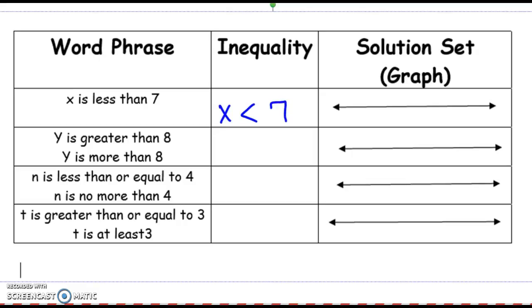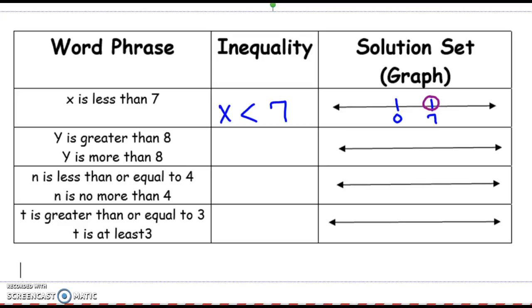When I go to graph this on a number line, I'm going to start with, okay, here's 0. 7 is up here compared to 0. So everything less than 7 is going to be between 0 and 7, and then all the things that are less than 0, all the negative numbers. But it doesn't include 7. 7 is not less than 7. So on the number 7, just to show where we start, I'm going to put a mark, but I'm going to keep it open.